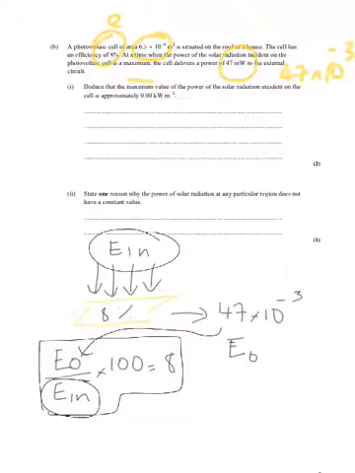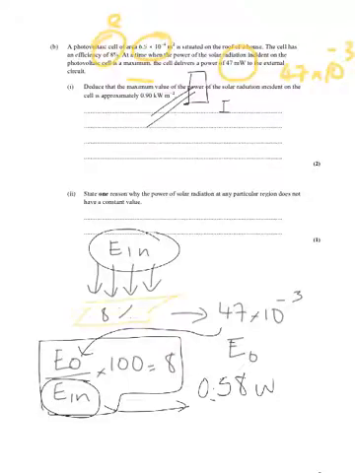Now, it's not the end, because the answer that they give you, they deduce the maximum value of power incident on the cell, the incident power is 0.9 kilowatts per square meter. This question's a bit misleading because what they're actually giving you is the intensity. It's per square meter. So once you work out the power, which should be 0.58, that's what you get as your energy in watts.